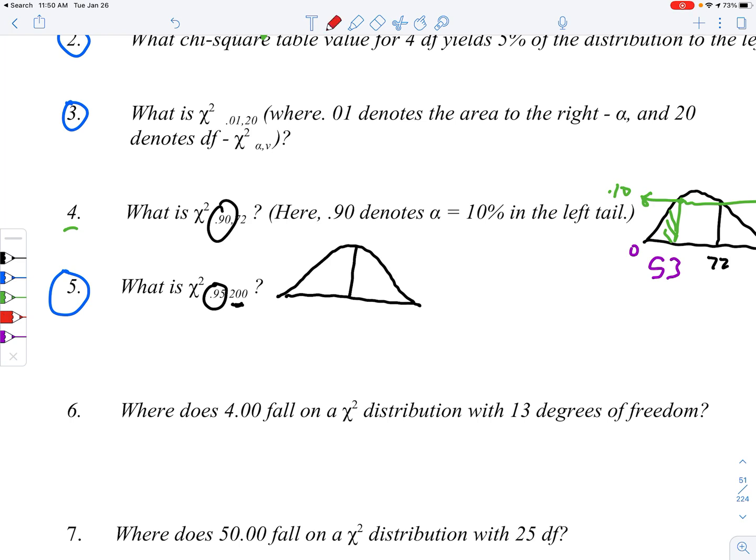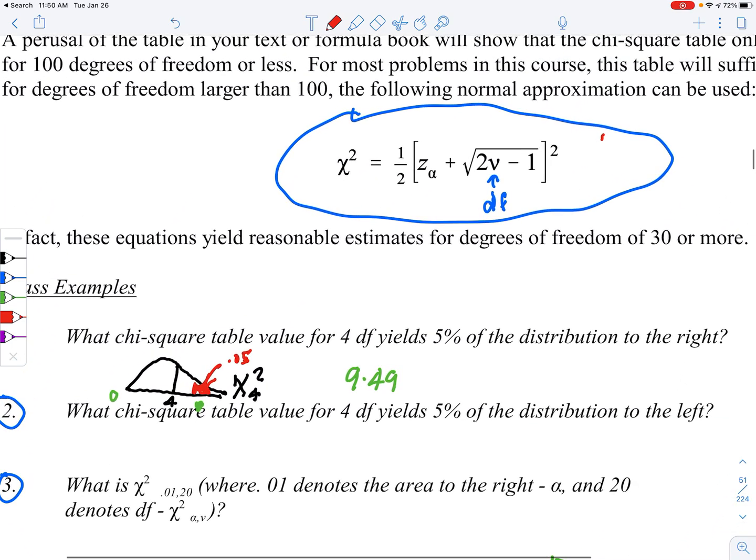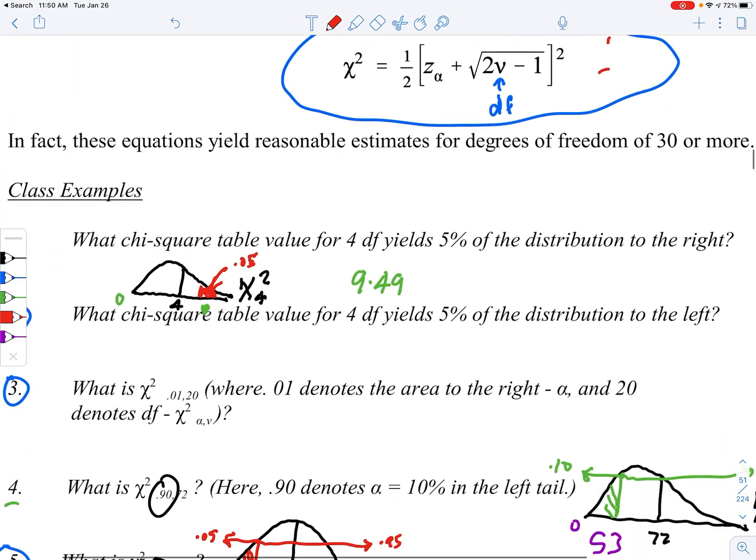So that would be the equivalent to 95% up and 5% down. Now the question is, if this were a z distribution, centered on 0, standard deviation of 1, what would that value be that has 5% in the lower tail? As soon as you figure that out, you can plug that into this formula at the top here, and you will get the chi-squared value.